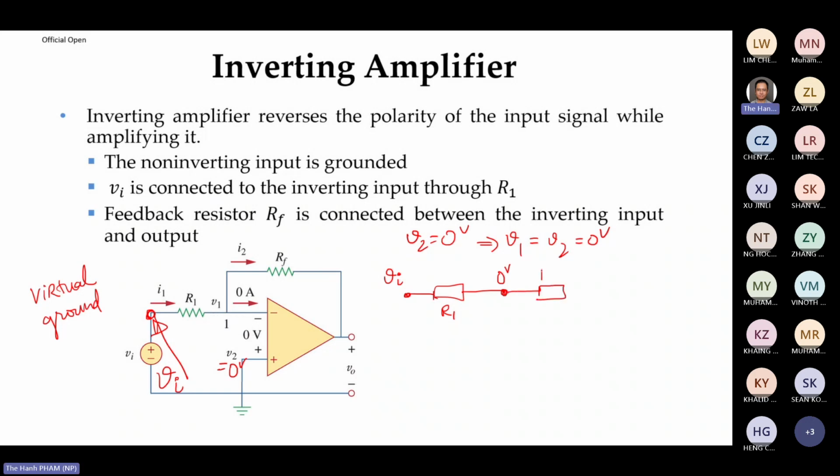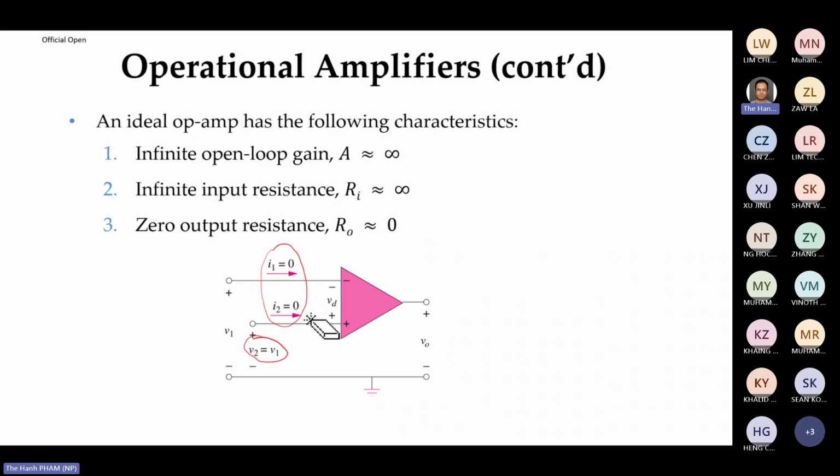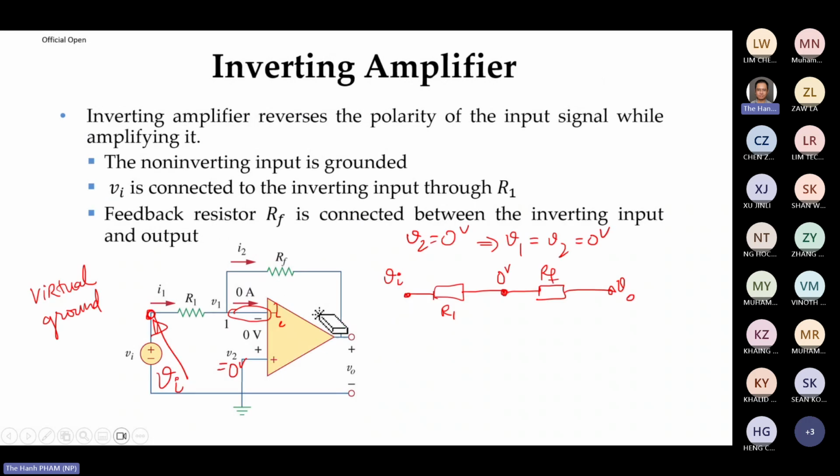Then it goes to RF, then to V out. Why don't I care about this wire? Because based on the op-amp here, there's no current running into the two terminals, right? So if there's no current running here, it makes sense, right?